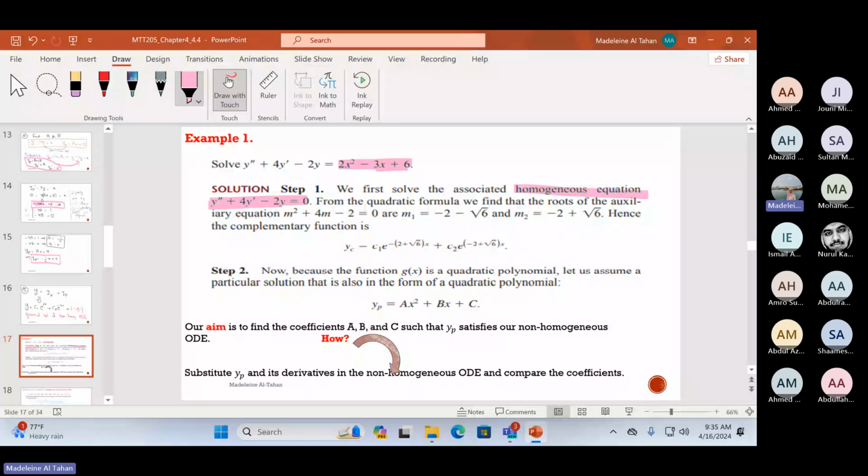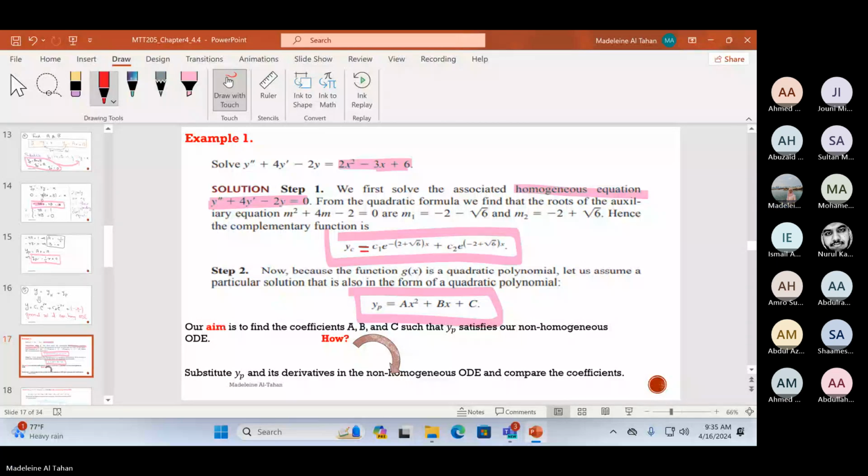We got two real solutions. It means that this is YH, or we call it YC. And the particular solution, you told me that we will write it in this way. Why is it accepted? In YC, we don't have a constant alone, we don't have x alone or x squared alone. So this one is accepted.